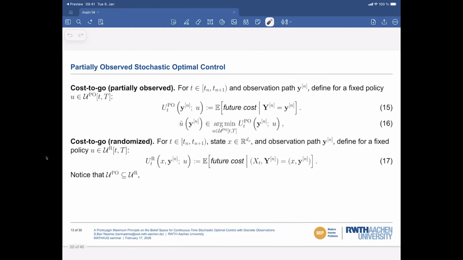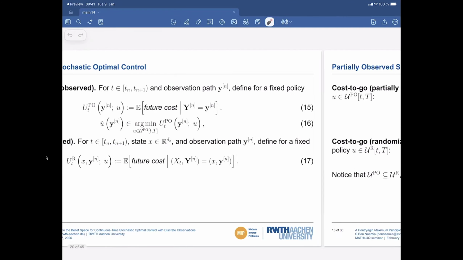Now, what you can notice is that actually the class of partially observed control is included in the class of randomized control, and this is given the fact that this was generated by the joint filtration, right? So every element in the partially observed controls is in the randomized partially observed controls.